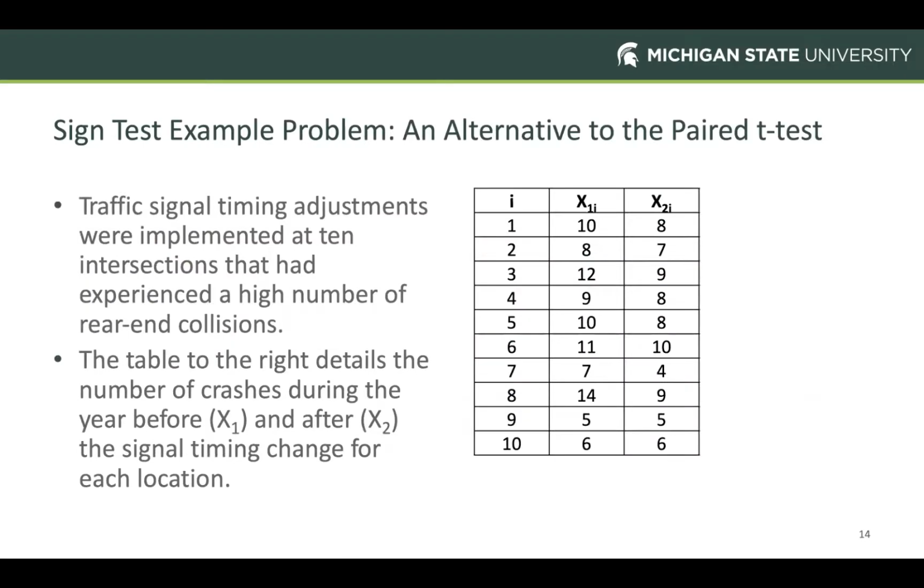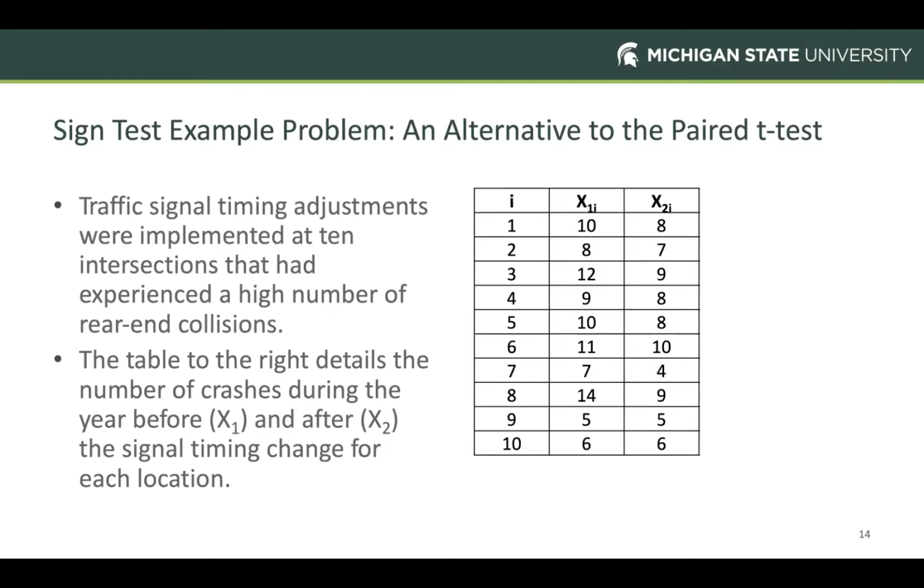And we can continue on that same example here. In this case, we're going to revisit the collision data that was represented in some of our 2-sample tests, the parametric tests we had talked about previously. And so as you may recall, in this context, we had a series of 10 intersections. Those intersections had experienced a preponderance of rear-end crashes, and so we changed the signal timings in order to try to address that.